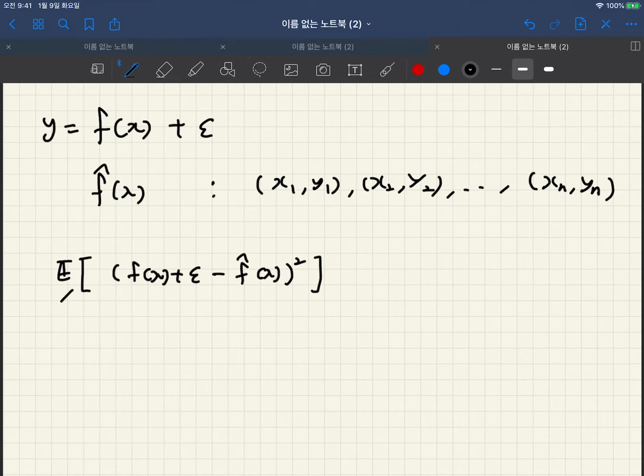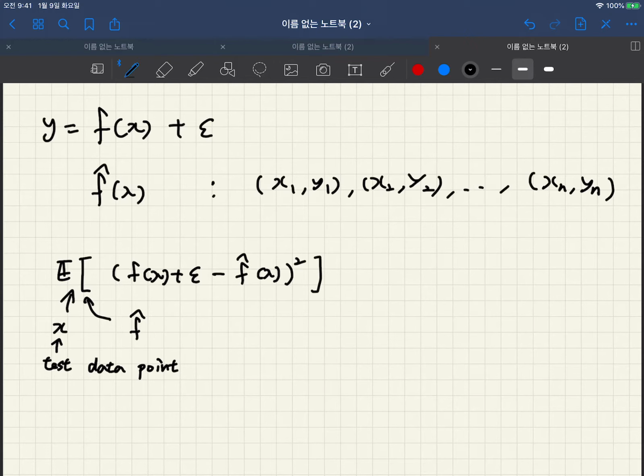Here the expectation is with respect to x, a new sample observation or test data point, which comes from some data generation process. And this expectation is also with respect to f hat.